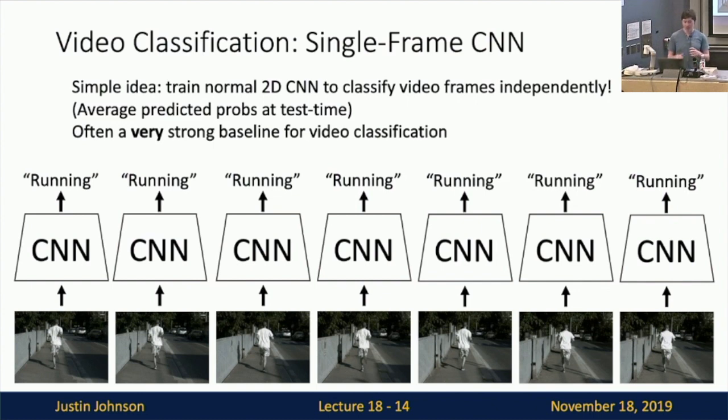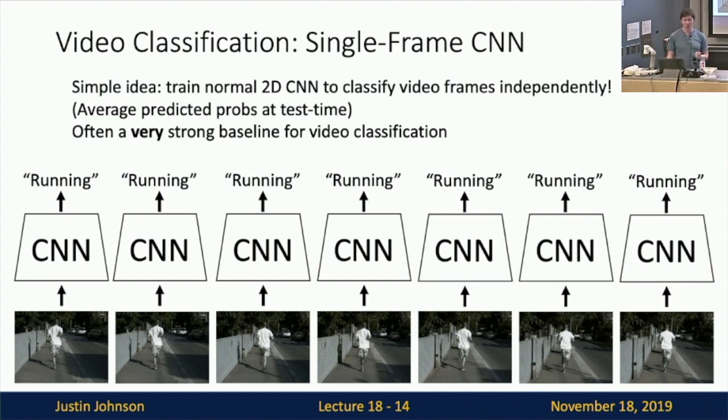So for example, if this video sequence was supposed to have the action of running, then what we'll do is just chop up all the frames of that video sequence into individual 2D RGB images, and then train your favorite standard 2D image recognition model on the individual frames of the video sequence. They will be trained to classify using the label that we should assign to the entire clip. And then at test time, what we'll do is simply run this single frame model on every frame in the longer video sequence, and then average the predictions over all of the video frames.